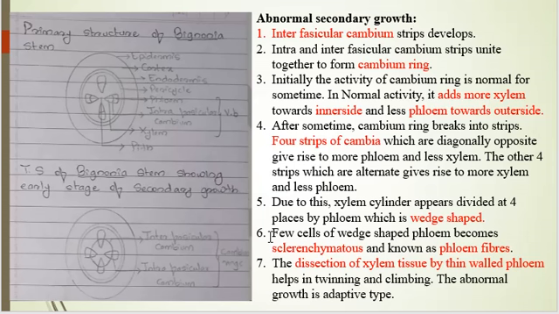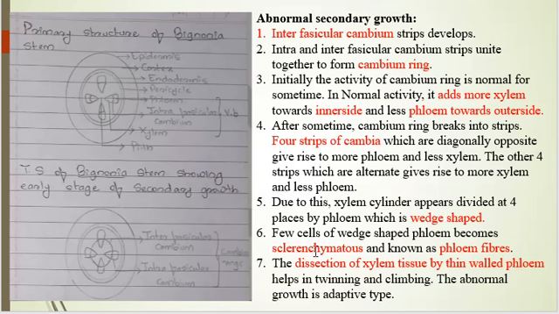After some time this cambium ring breaks down into 4 strips and the cambia are produced. These cambia form or differentiate xylem, and the diagonally opposite ones differentiate phloem and xylem. These strips of xylem produce a cylinder and phloem produces wedge-shaped structures.